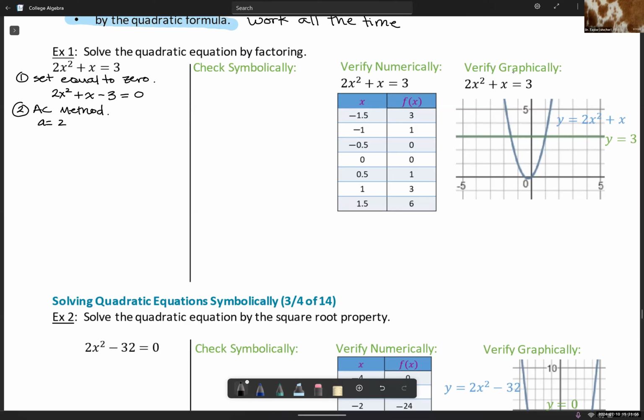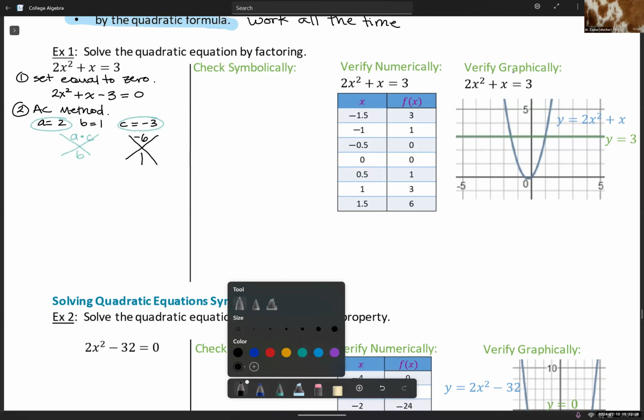Identify A, B, and C. What you're going to do is multiply A and C, and then we're going to use B. So in this case, A times C, 2 times -3, is -6. B is 1. And we put that in the big old X. That's why we call it the X factor.